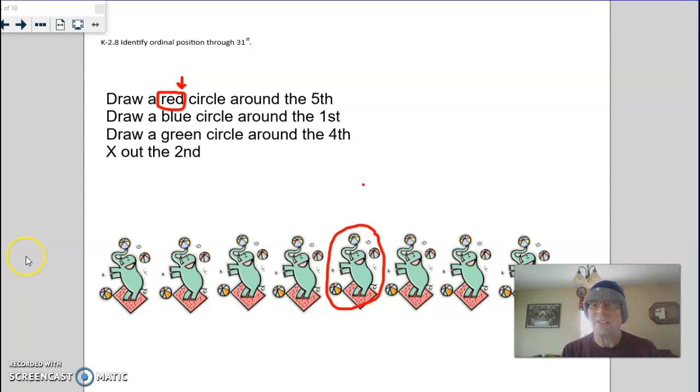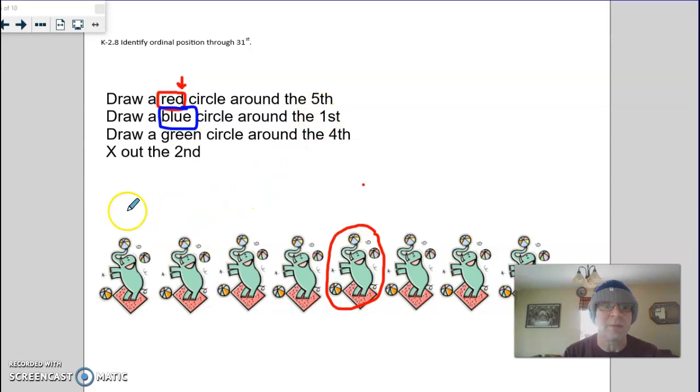Now, let's go to the next instruction. It says, draw a blue circle around the first elephant, right? The first elephant. Yeah. So, there's our loud lip popper right there. Blue, blue circle around the first elephant, right?